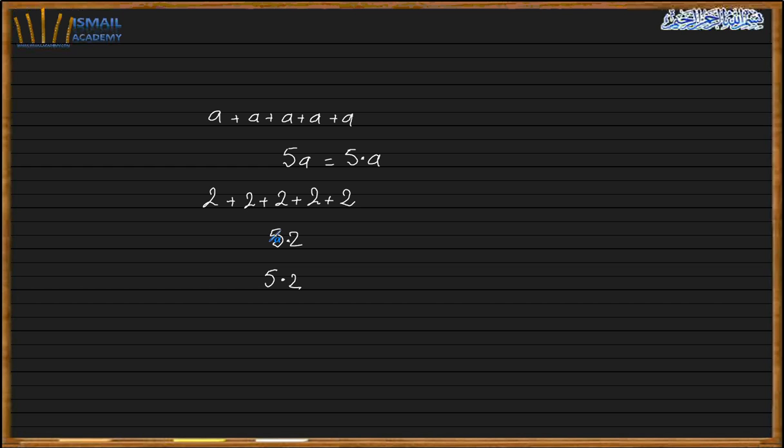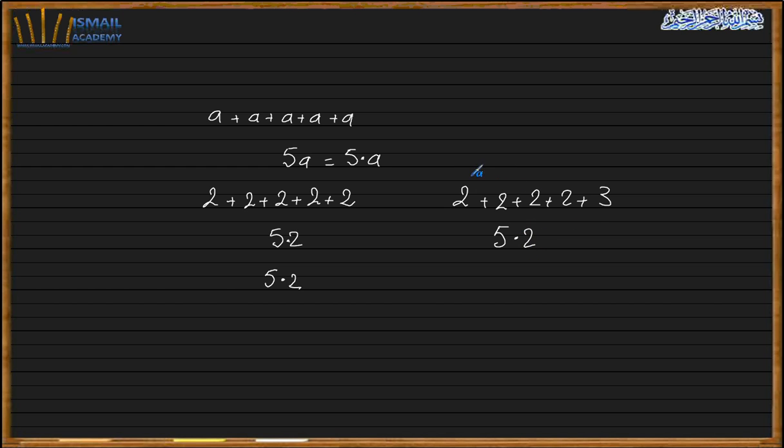Here I can count how many addends I have. This means it's countable. And those addends, you see, they are identical. I don't have 2 plus 2 plus 2 plus 2 plus 3 and then say, okay, I have 5 twos.